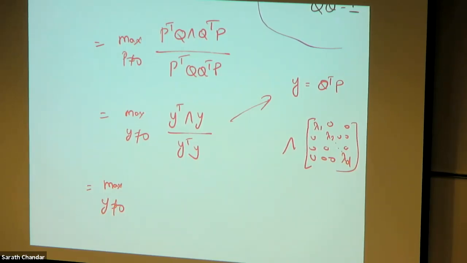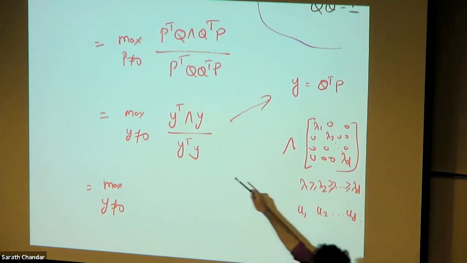So lambda 1 is the largest eigenvalue, and lambda d is the smallest. This is just an extra assumption we are making, since the lambdas could be anything. So lambda 1 is greater than or equal to lambda 2, and so on, down to lambda d, and the corresponding eigenvectors are u1, u2, to ud. Is that clear?